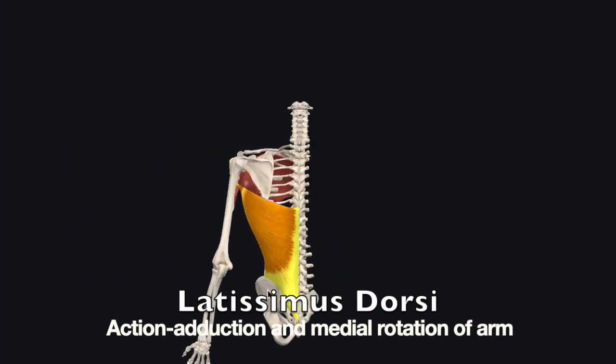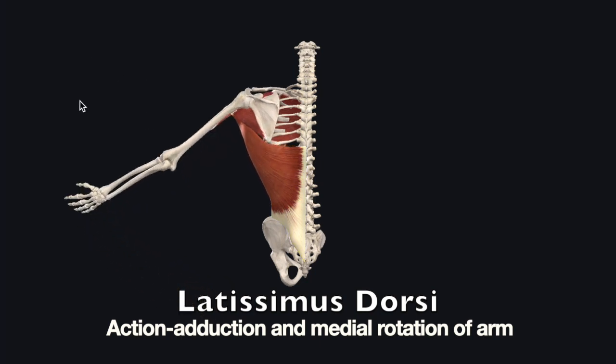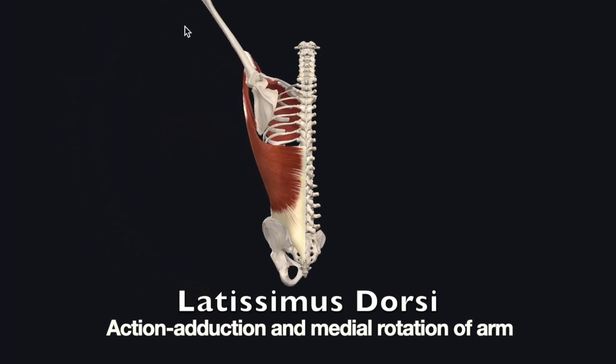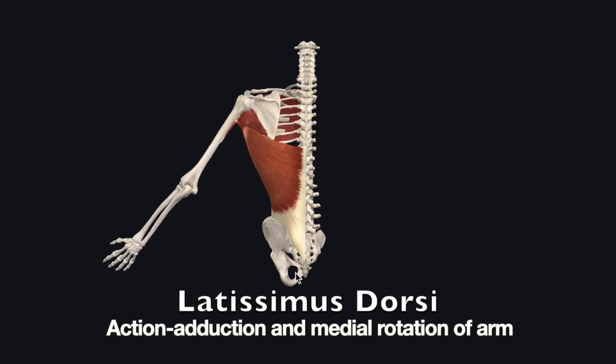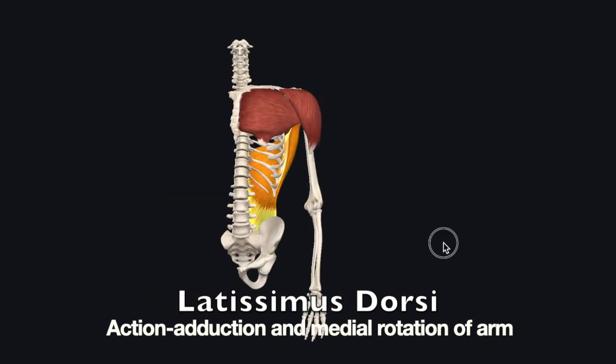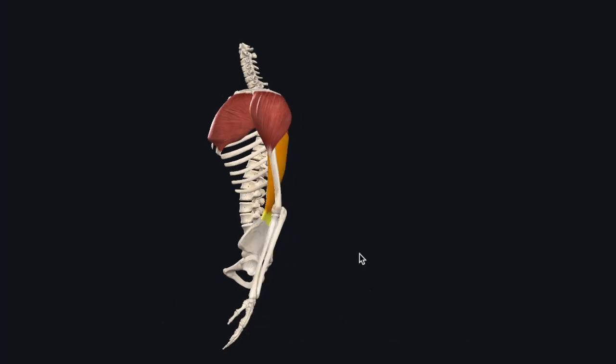It's also an adductor of our arm as well. So it's an antagonist of our deltoid muscle. It's involved in the medial rotation of our arm. So this muscle is highly engaged during a lot of sporting actions, such as a downward swing while playing tennis or a stroke as you are swimming.